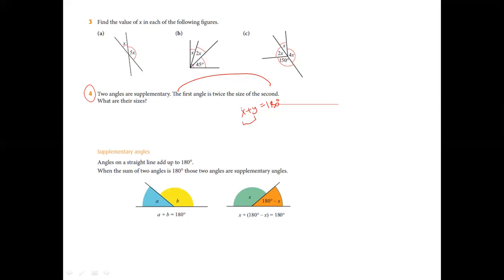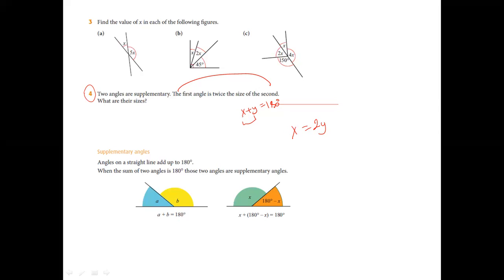It was that the first angle is twice the size of the second. It means x is twice the second angle, equal to 2y, so x is equal to 2y.